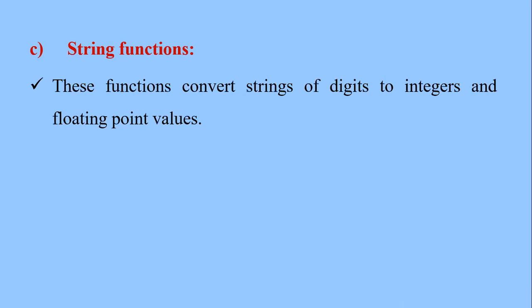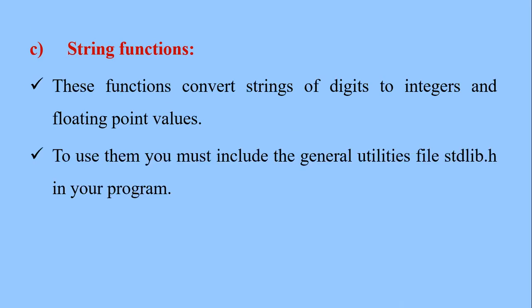We also have what we call string functions. These functions convert strings of digits to integers and floating point values. To use them, you must include the general utilities file, standard library, that is stdlib.h, in your program.